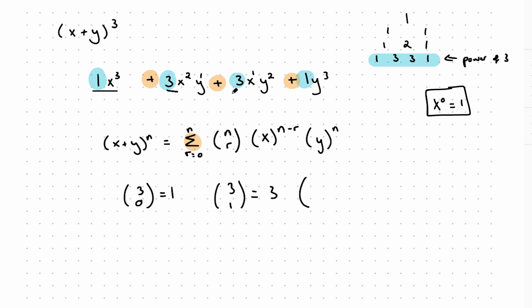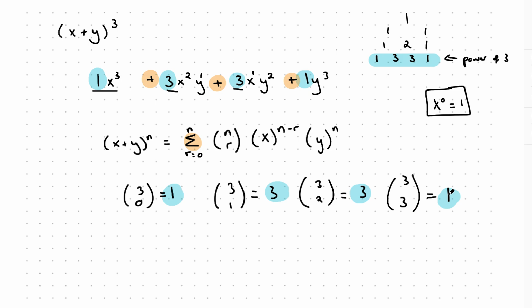The next one, 3 choose 2, gives you 3. And then the last one, because it says start at 0, go to N, is 3 choose 3, which gives you 1. If you look at each of those numbers, 1, 3, 3, and 1, those are the numbers in Pascal's triangle.